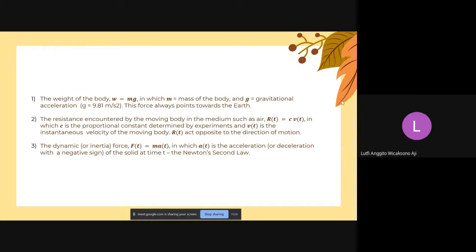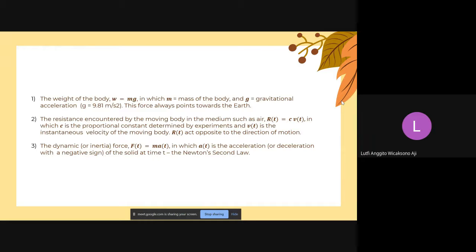The next is the resistance encountered by the moving body in a medium such as air, that is RT equals C Vt, in which C is the proportional constant determined by experiments and Vt is the instantaneous velocity of the moving body, and RT acts opposite to the direction of motion.